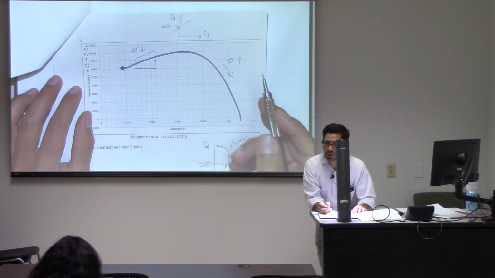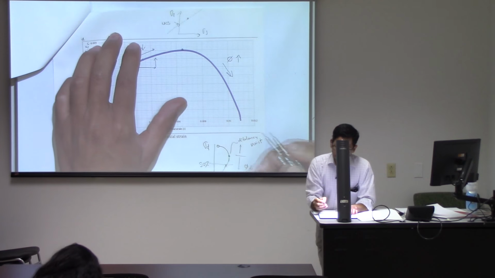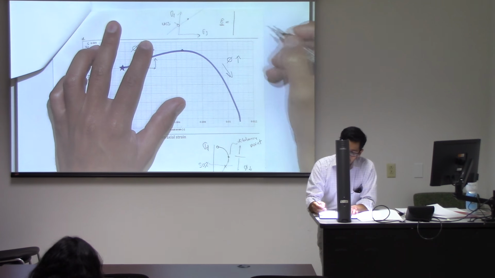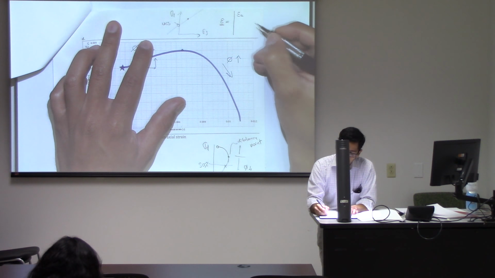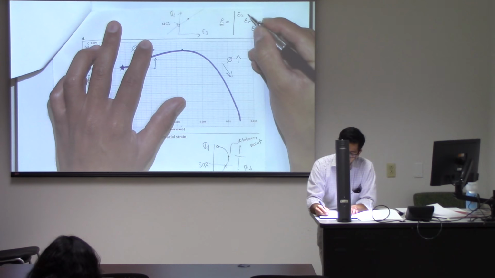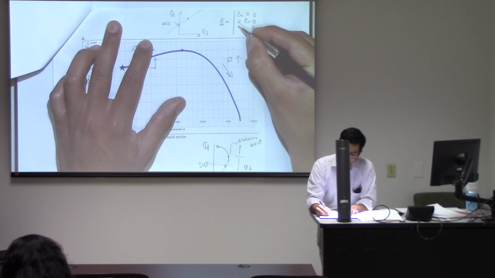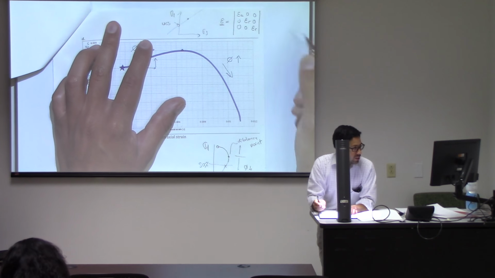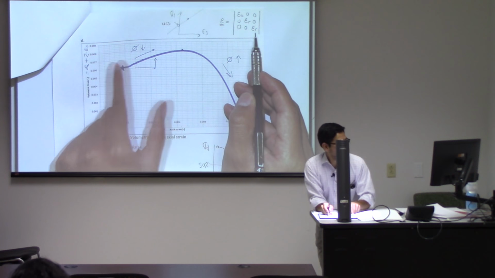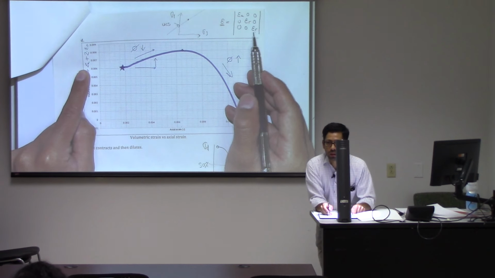And if you were to compute in a triaxial test the strain tensor, here you will have axial strain, here you have radial strain and radial strain. So the volumetric strain is going to be the summation of these three, which is this equation over here.